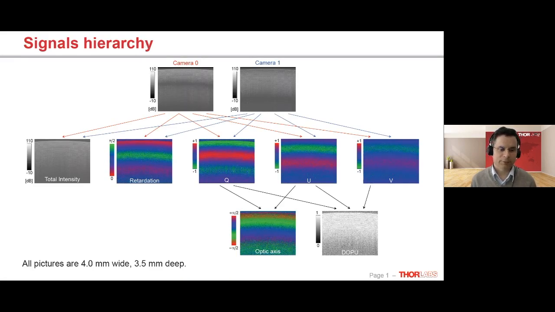What we get from the two cameras, to compute the depth profile, what we compute are the reflection coefficients along the depth axis, deeper and deeper.